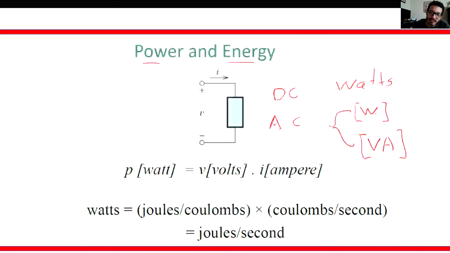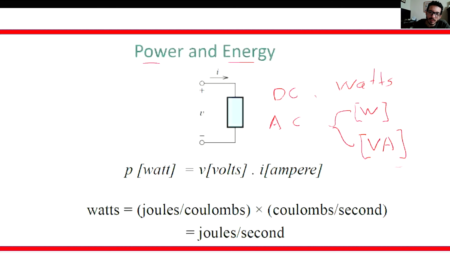For DC, all the voltage and current that you use will go to power, but in AC, there's some power that is not useful because it's used for electromagnetic forces and things that are not mechanical forces, or are not useful in a mechanical way. But you'll learn about this in AC.